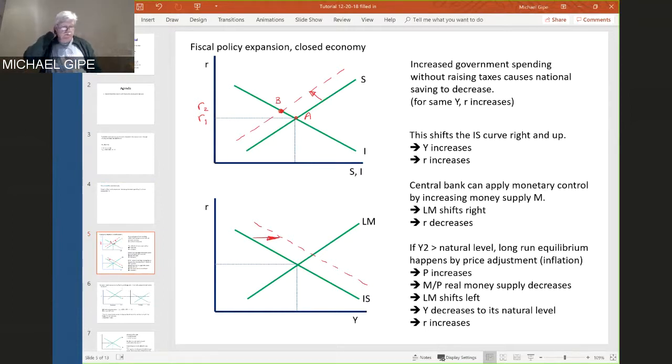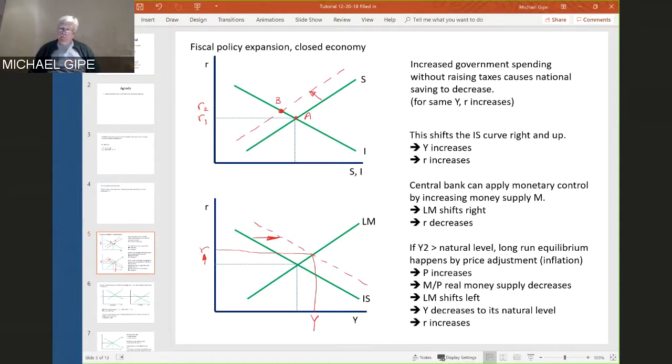And so that's going to have an effect that Y will increase. We're going to boost the economy, and at the same time, we're going to be increasing the interest rate from its previous state.